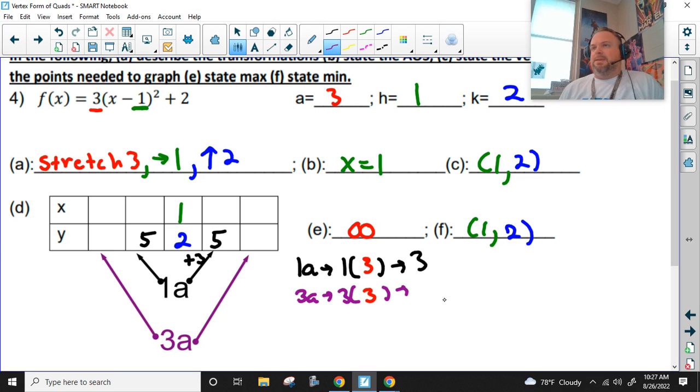Now for 3A, I hadn't done the X's yet, I'm going to go back. For 3A, what's 3 times 3? 9. So we would take 5, we would add 9 to it.